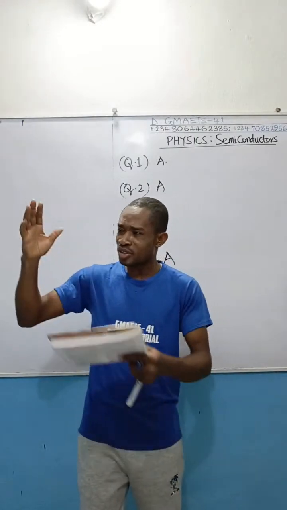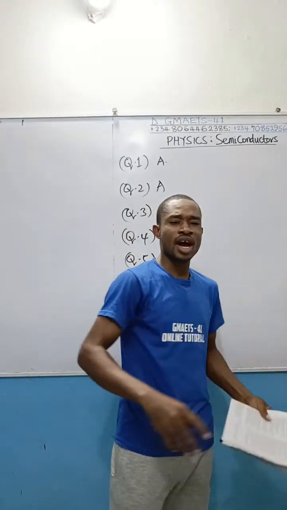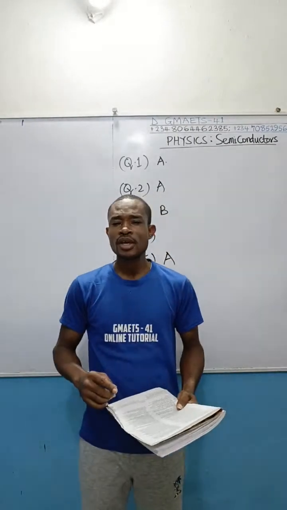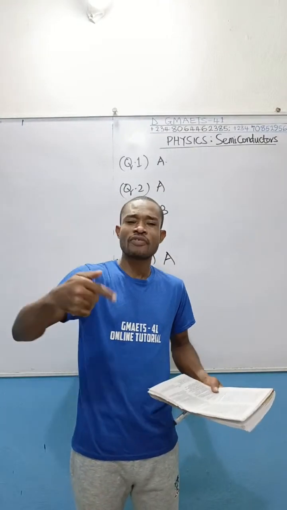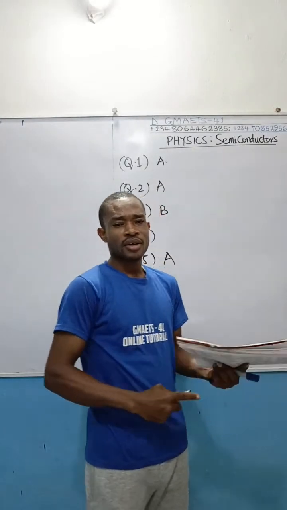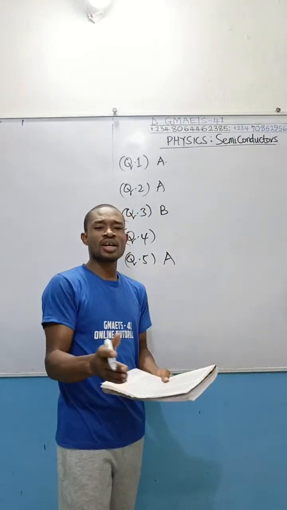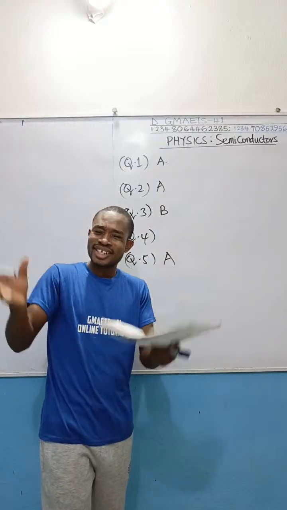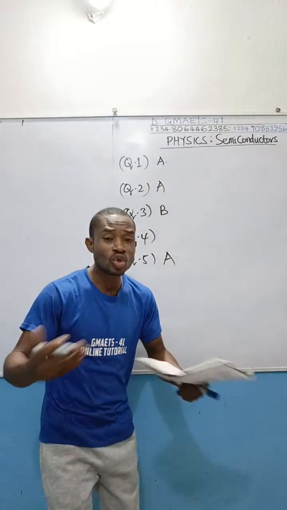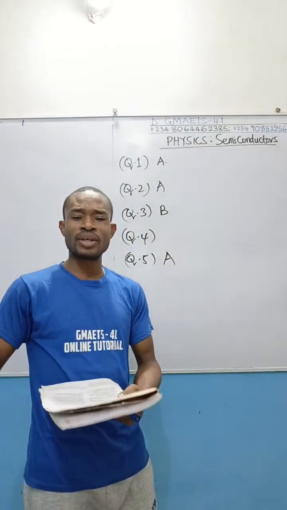Electrons can move from this atom to a neighboring atom, a total transfer, creating holes. So I feel there is a nature of ionic bonding there. Semiconductor has an ionic character, even though it is not fully an ionic bonded compound.